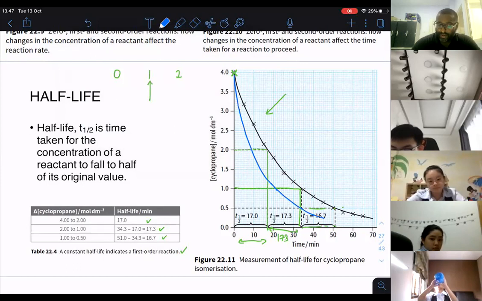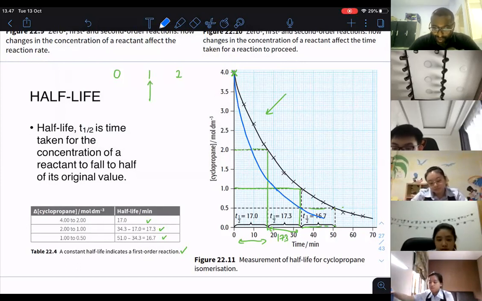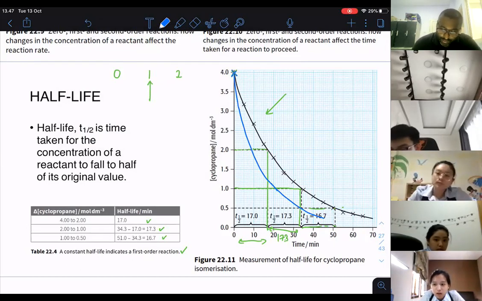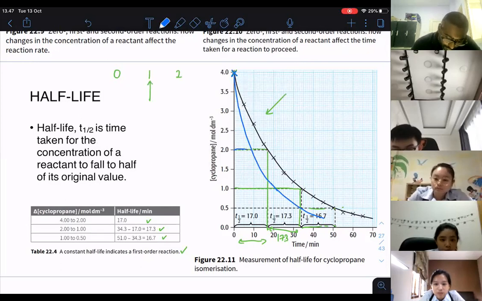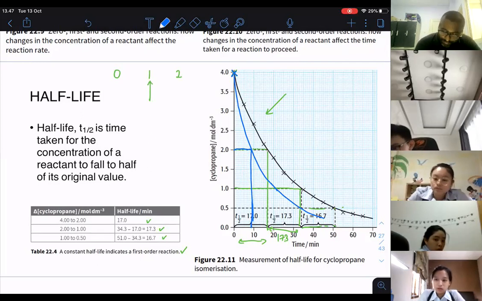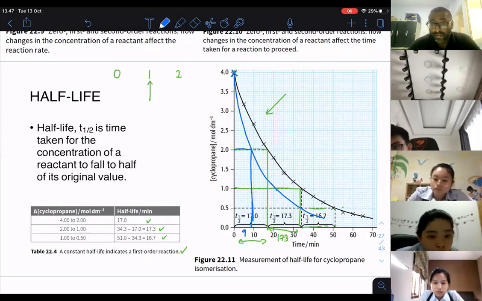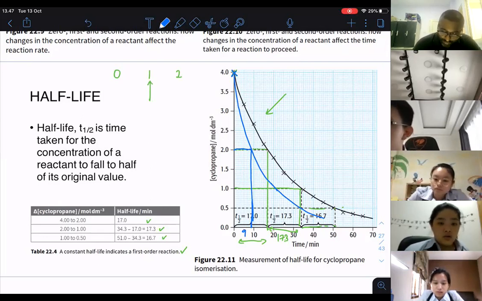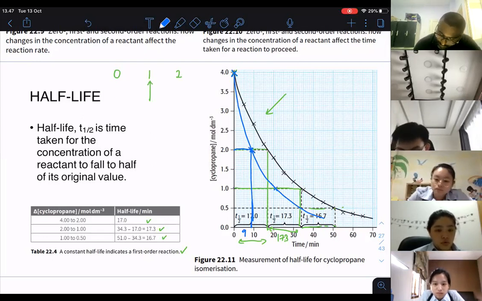Let me show you what we can see for the second order. From 4 to become 2, the time is roughly, let's say, 9 minutes. From 2 to become 1, you can see there is an increase.